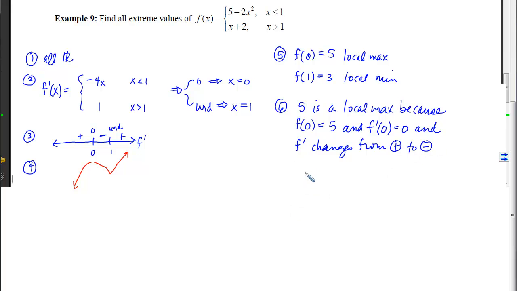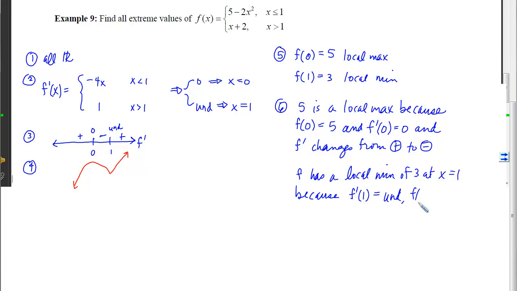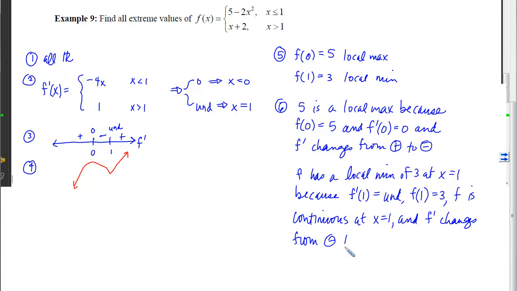I can say f has a local min of 3 at x equals 1 because f prime of 1 equals undefined, but f of 1 equals 3. F is continuous at x equals 1, and f prime changes from negative to positive.